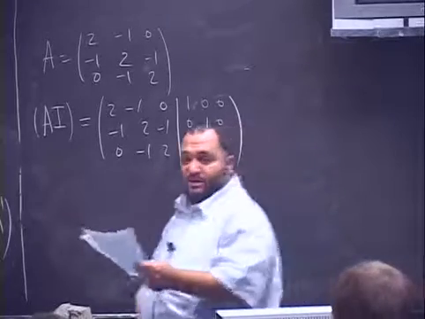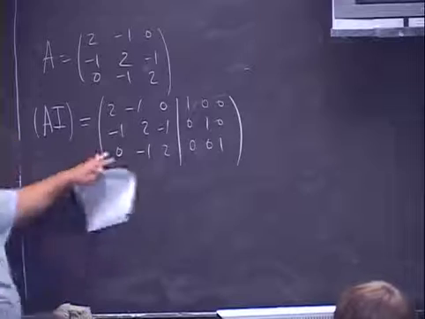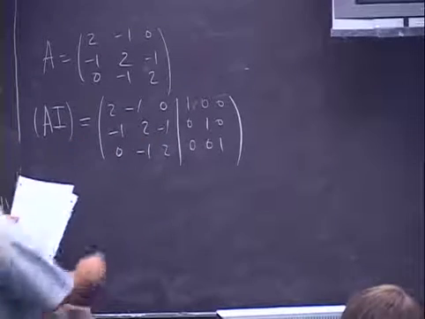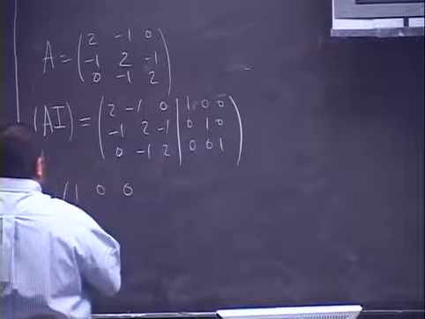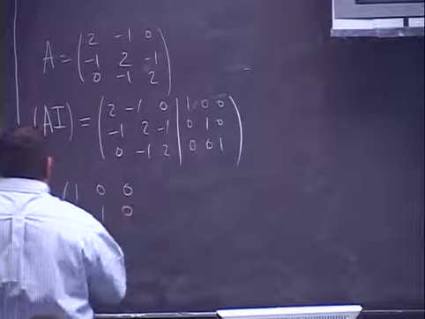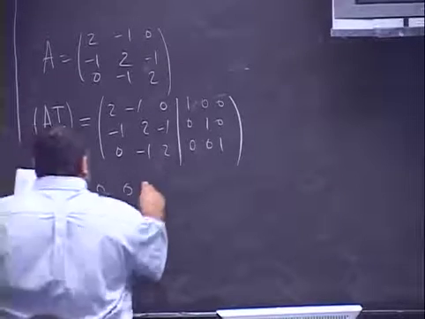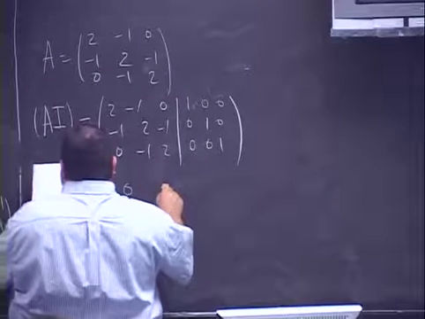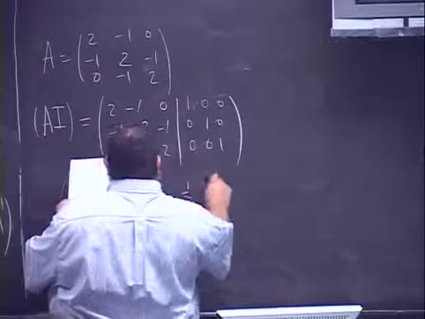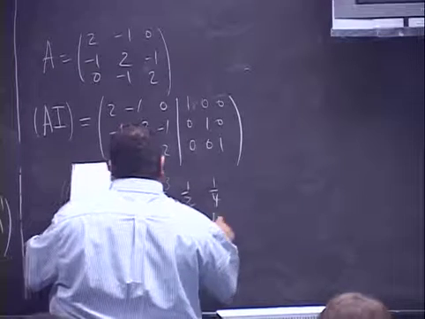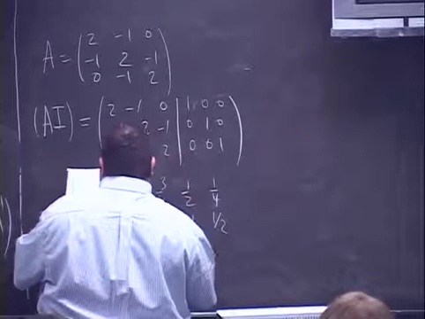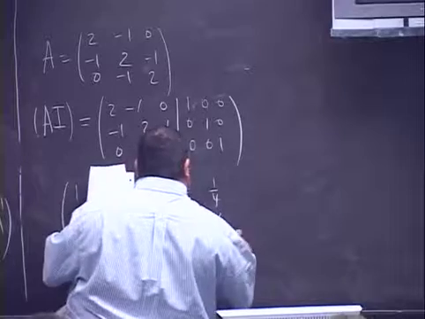Okay, guys? Then you will do the reduction until you form the following matrix: [1, 0, 0; 0, 1, 0; 0, 0, 1], and this will give you [3/4, 1/2, 1/4; 1/2, 1, 1/2; 1/4, 1/2, 3/4].